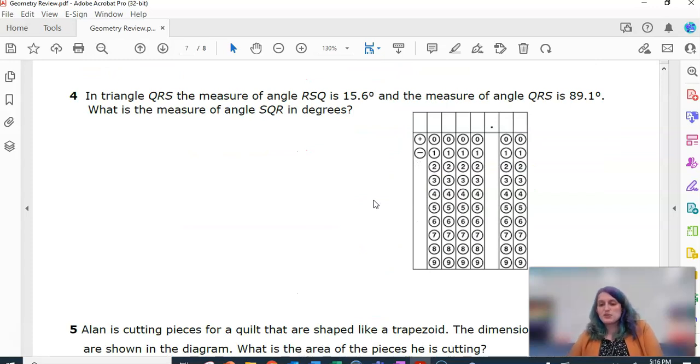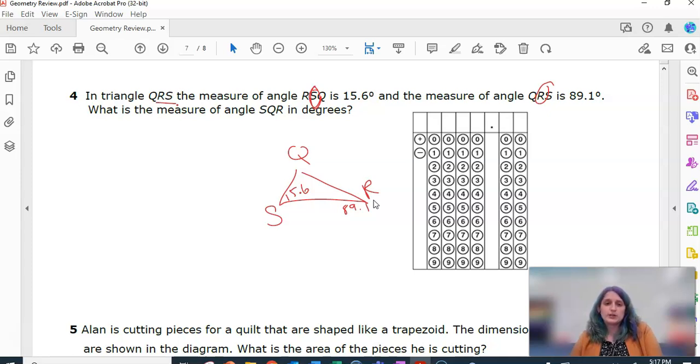Oh, I was going to say last one, but it's not. Second to last one. The triangle QRS. You don't need to draw it, but sometimes it's helpful. The measure of angle RSQ, the middle letter is what we're actually talking about, S is 15 and 6/10 degrees. Middle of QRS, okay, R is 89.1. Does not match my drawing, but that's okay.